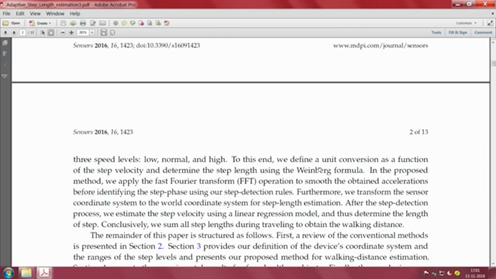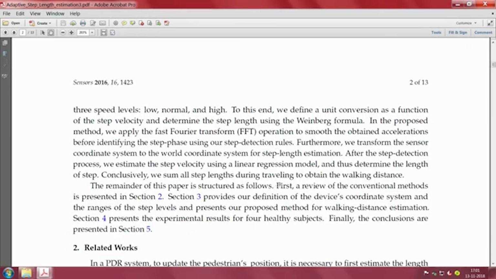To this end we define a unit conversion as a function of step velocity and determine the step length using the Weinberg formula, and you can see that they do an FFT operation to smooth the obtained accelerations before identifying the step phase using our step detection rules.